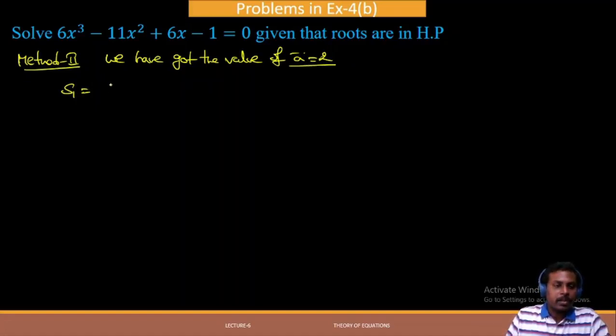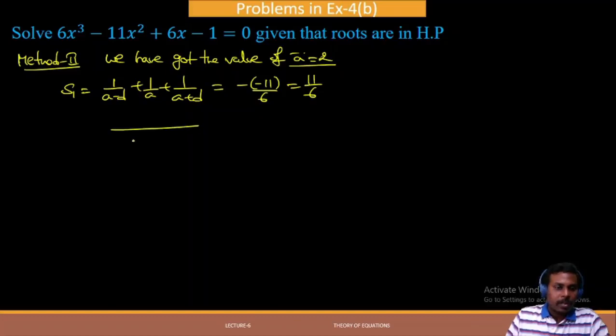So S1 is equal to what? 1 by a minus d plus 1 by a plus 1 by a plus d, that is equal to minus of minus 11 divided by 6 actually. So it is 11 by 6, and if I simplify this, this becomes a into a square minus d square.